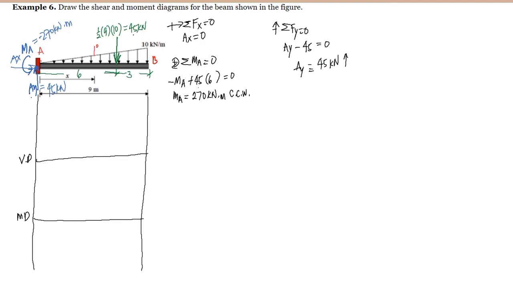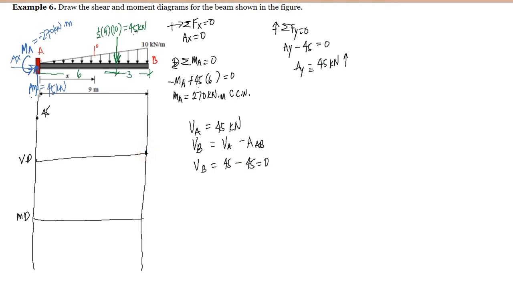For the shear, the shear at point A is just equal to the reaction AY, 45 kilonewton. The shear at B is equal to shear at A minus the area of the load diagram for the segment AB. And we have here the shear at B is equal to 45 minus the area. Of course, we already computed for the area here, that's 45. And this is equal to 0. So meaning we have 0 shear at point B.